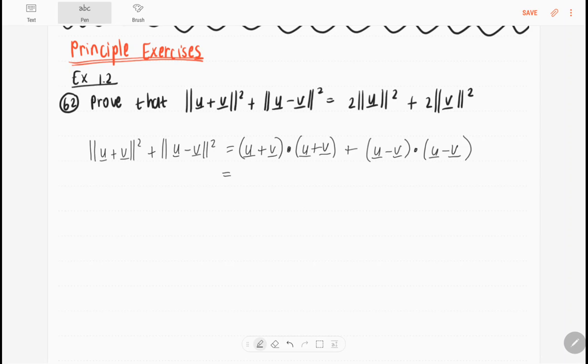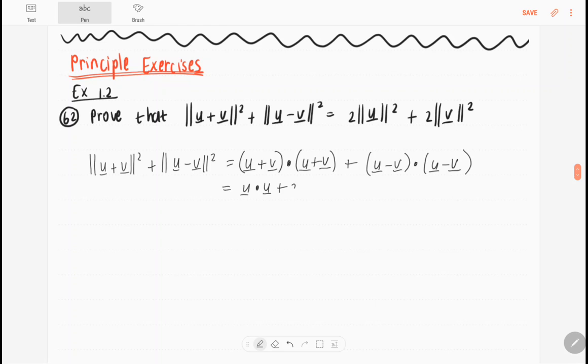Right? That's going to give us u dot u plus 2 u dot v plus v dot v, plus u dot u, plus, that's minus 2 u dot v, plus v dot v.